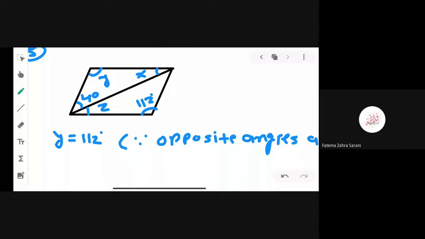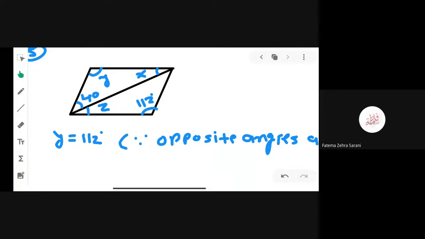Now just remember one thing: whenever you draw a diagonal, a quadrilateral divides into triangles. So if you consider angle x, angle y, and the 40 degree angle, these angles make a triangle, right? Then we can use the angle sum property of triangle.